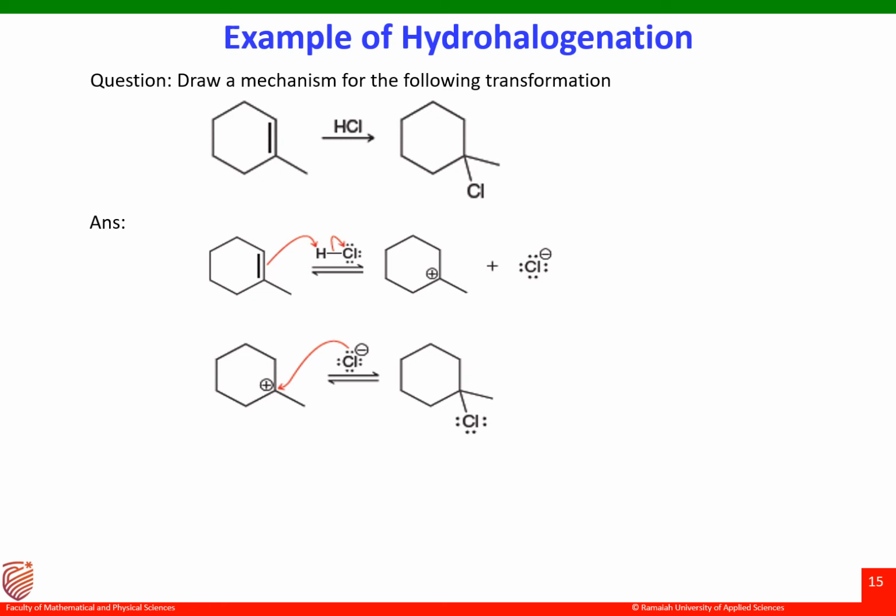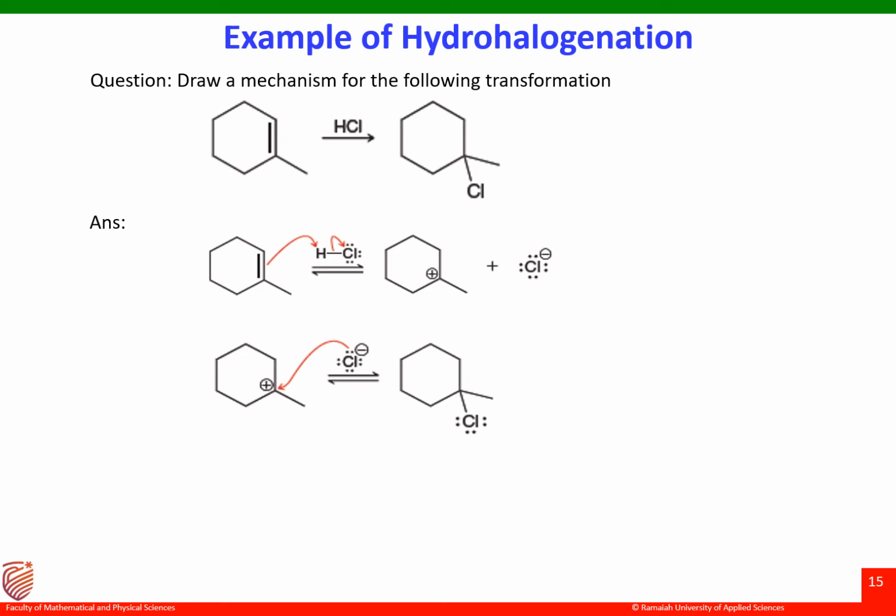Therefore, we get a 1-methyl cyclohexyl carbocation. This carbocation is more stable because it is a tertiary carbocation, and further the nucleophile will share its electron to stabilize this positively charged carbon, and thereby 1-chloro-1-methyl cyclohexane is formed as the major product.